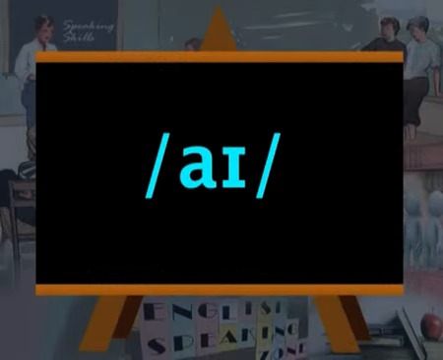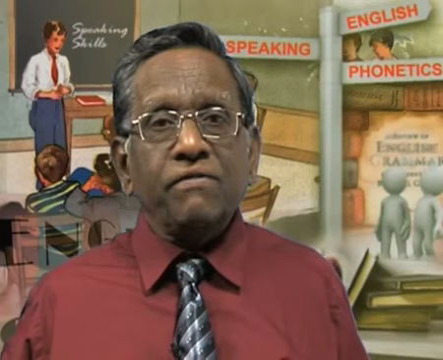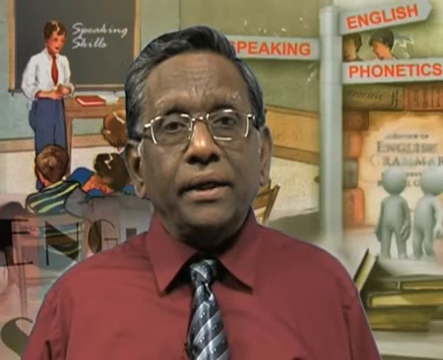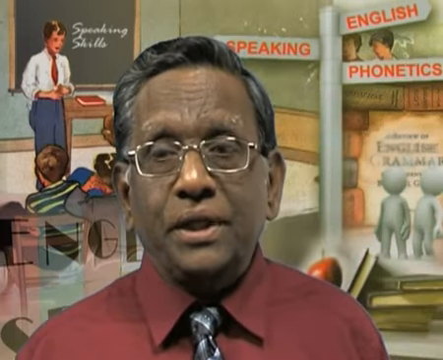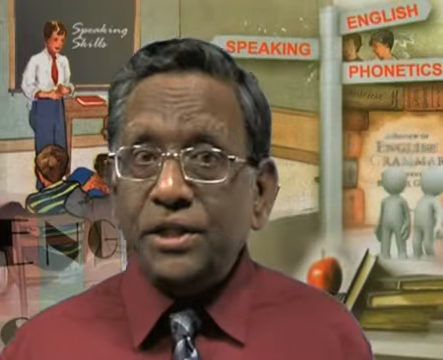Then we have I, which we have in the pronoun I, fight, my, die, and so on. I is different from A. Pay, if you say pie, the meaning changes. Instead of saying day, if you say die, the meaning changes.